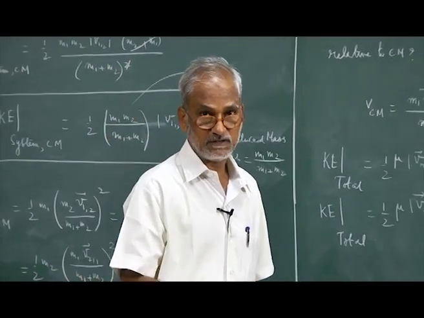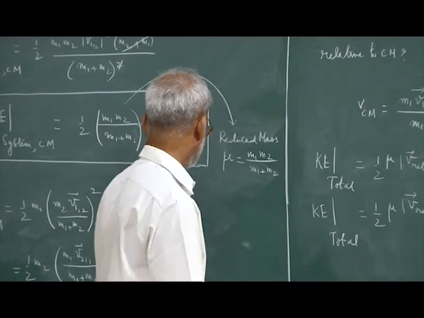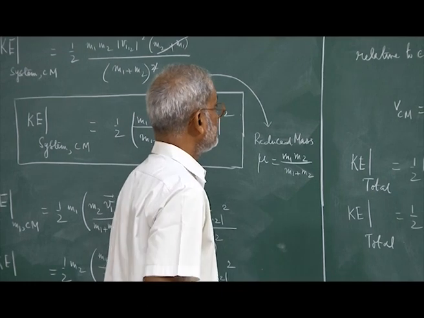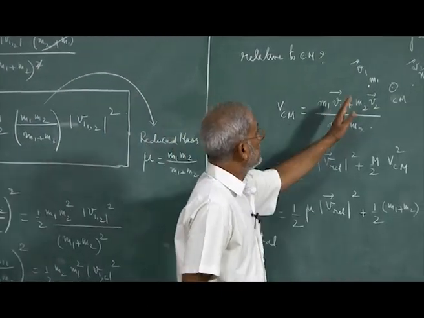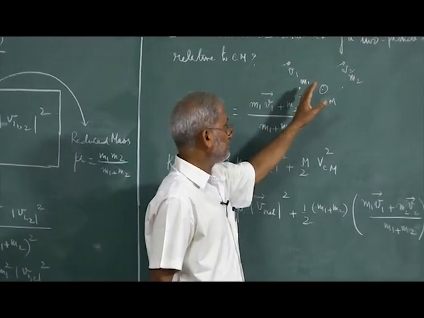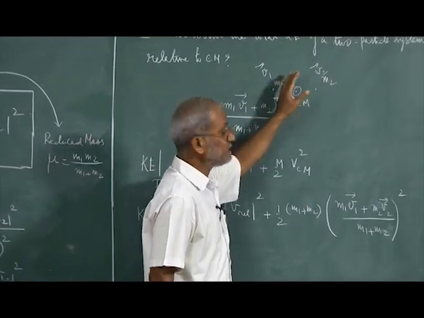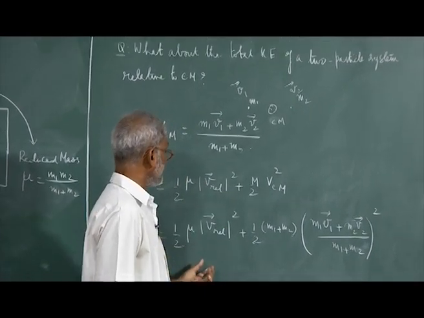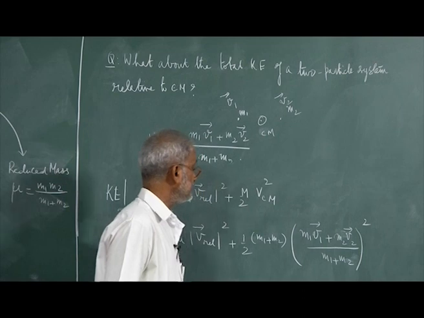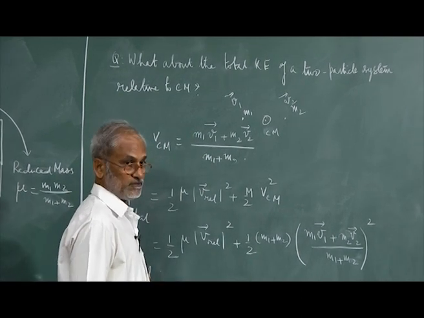Okay, I have 10 minutes. Right. Now, what is it that we have done? The whole motion we are considering as the motion of the center of mass and then the relative motion part. So, this is the kinetic energy of the relative motion part, this is the kinetic energy of the center of mass, therefore the total energy should be this.